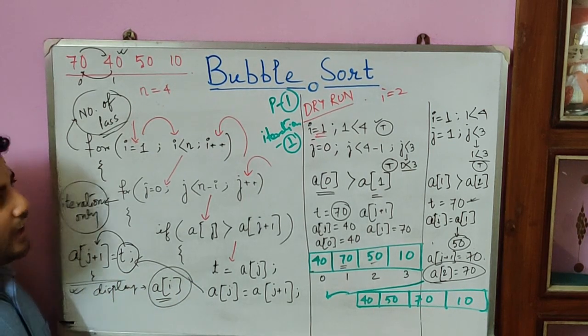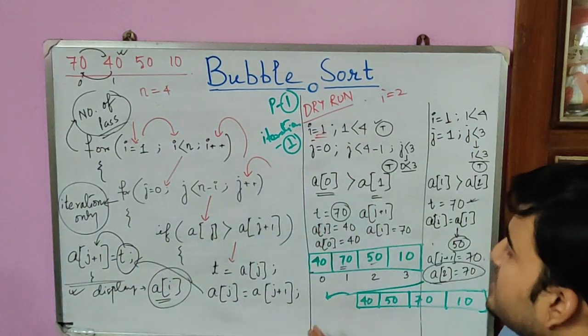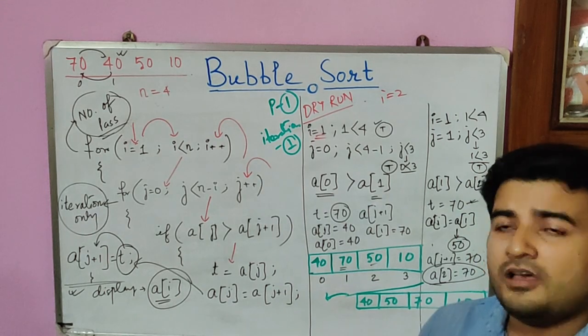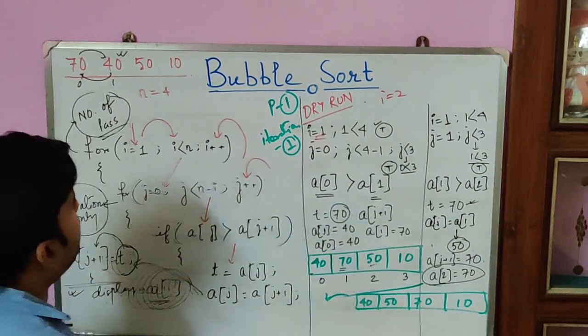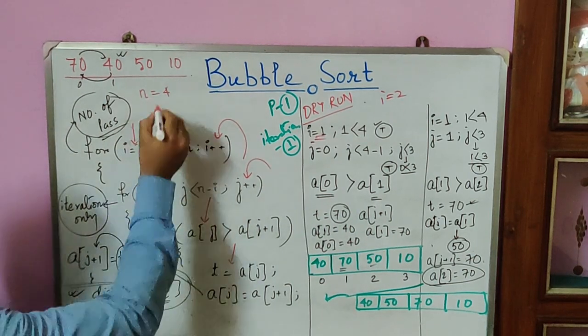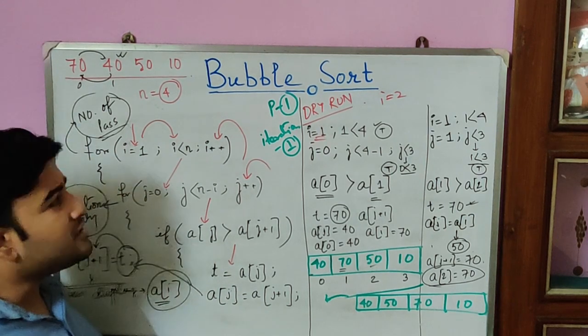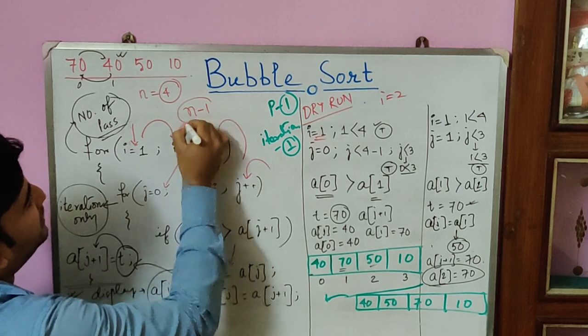I hope all of you understood this one. Follow the process very carefully. This is a very important part in a sorting mechanism. And one more thing: if I have n elements, the number of passes is n minus 1. Remember that.